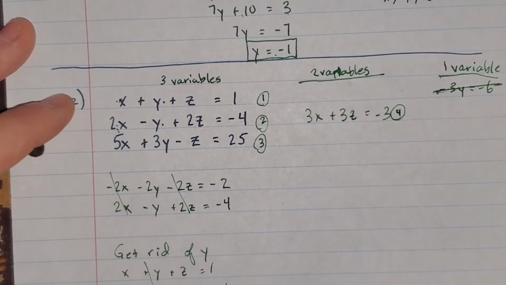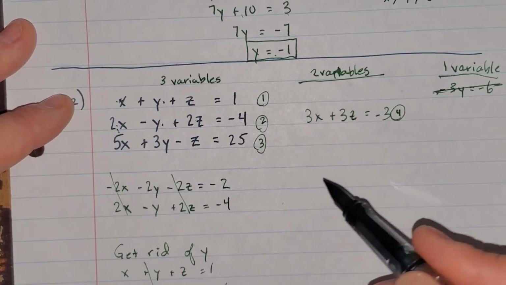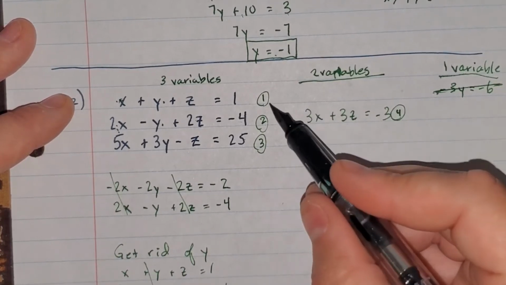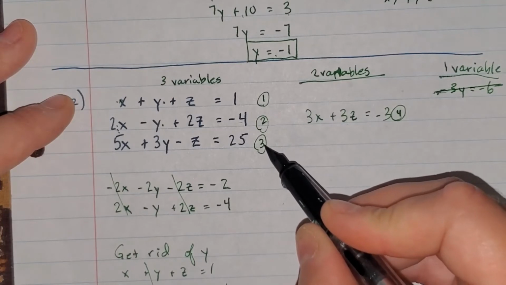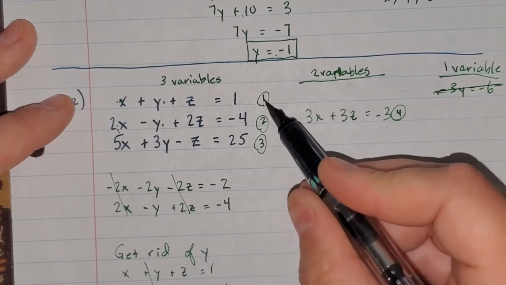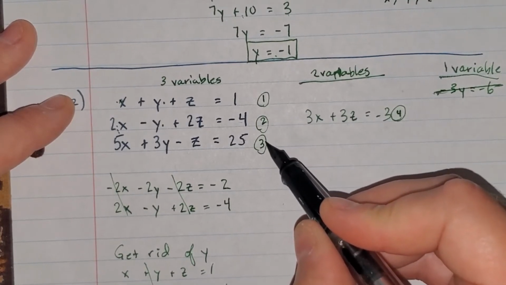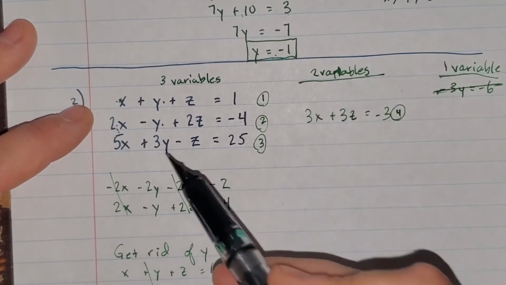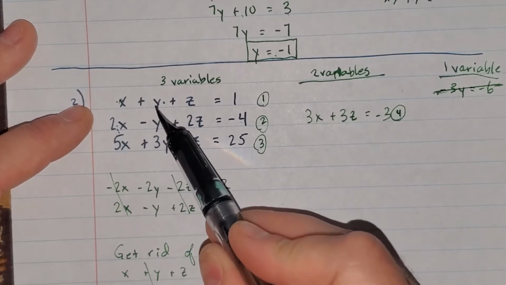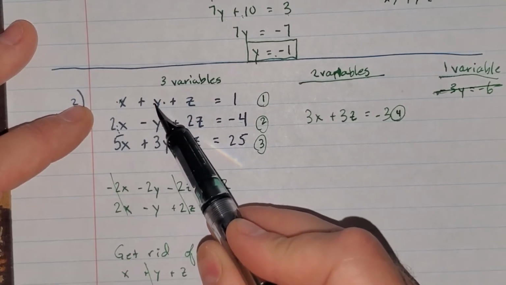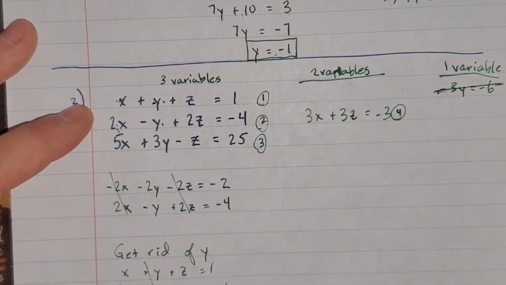So, cool. Now I need to get rid of y again. I need another equation that looks like this, so I'm going to take equation 1 and equation 3. I need to get rid of y, so I'm going to multiply equation 1 by negative 3 so that the y's will go away.